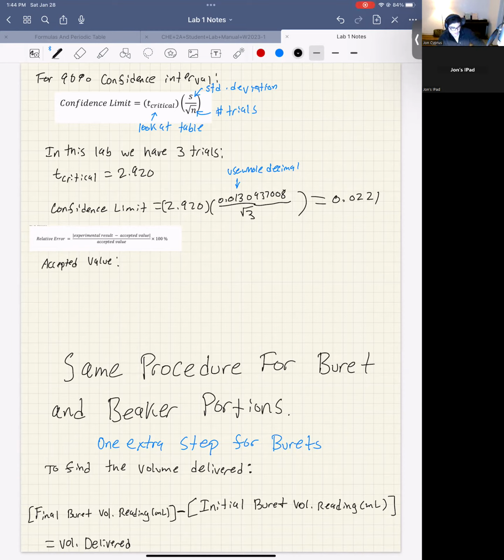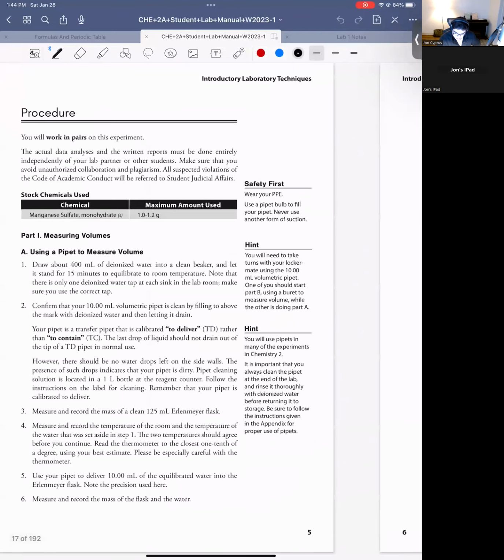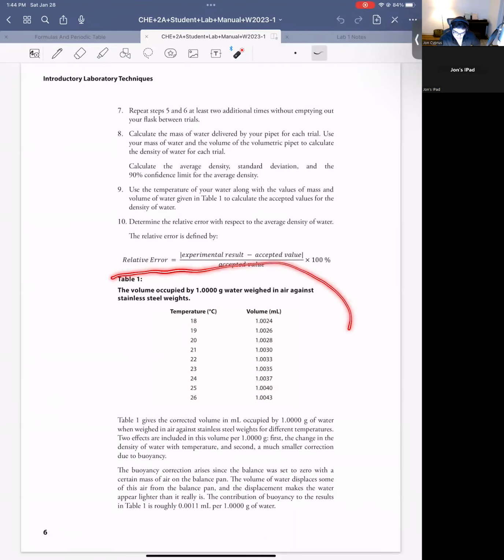water temperature, essentially. So if you go to page, let me find it. Let me pull it up on here so we can see it. Over here on page 6, you're going to use this table.